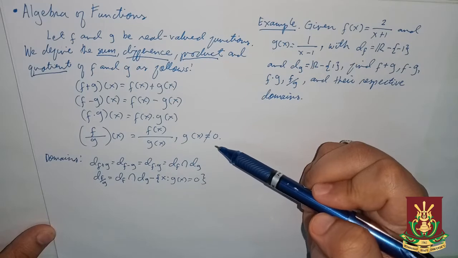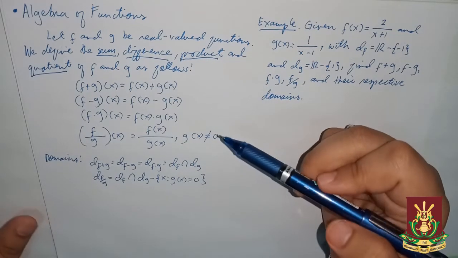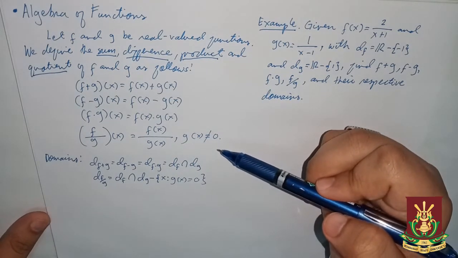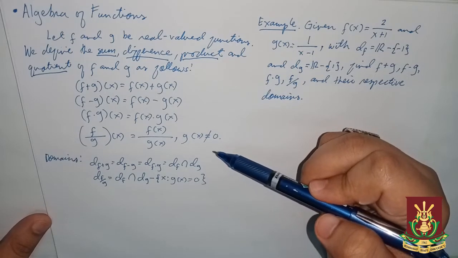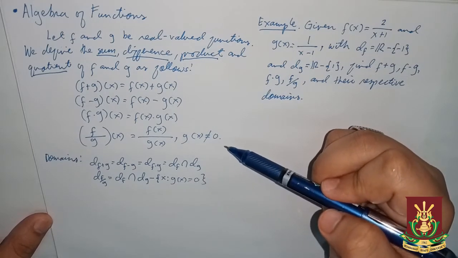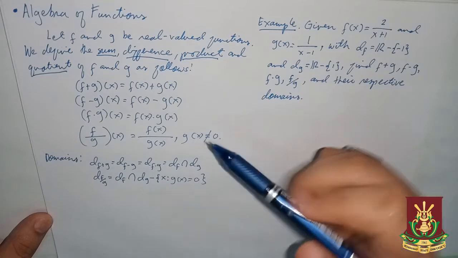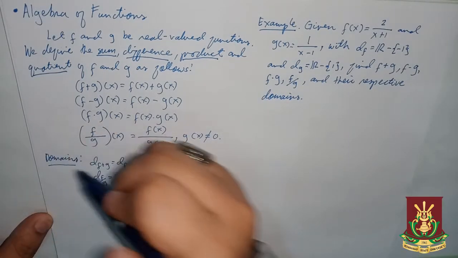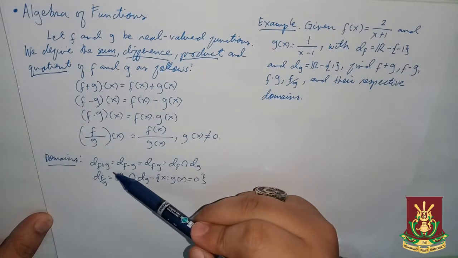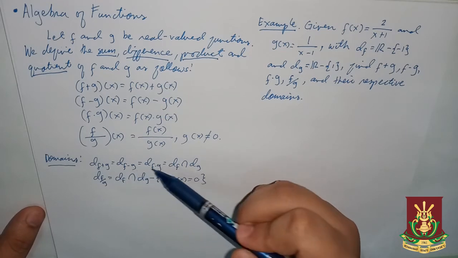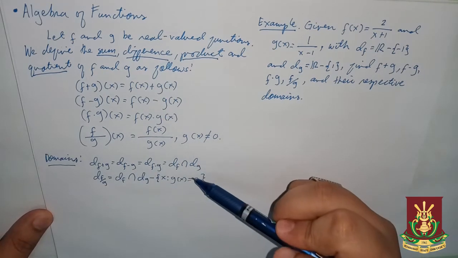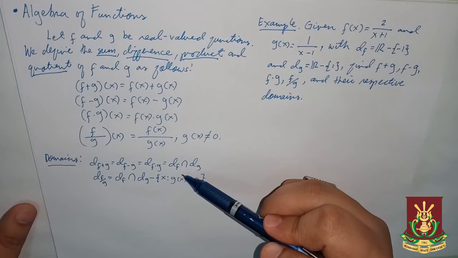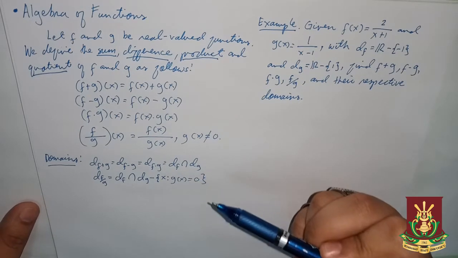not equal to 0. Here, x must necessarily be chosen in such a way that the two functions f of x and g of x are defined. Hence, we define the domains of the sum, the difference, and the product to be the intersection of the domains of f and g.